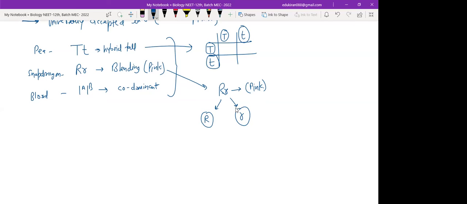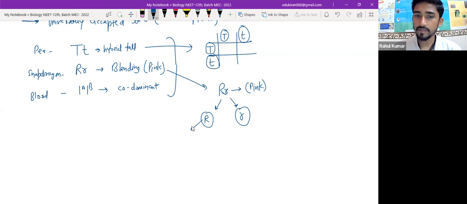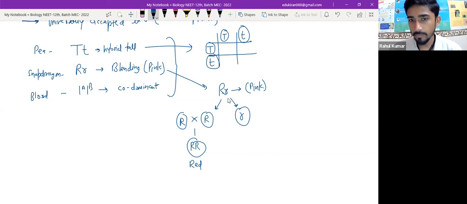But when it made two gametes, now if this gamete goes and fuses with another R, so there is a capital R, what will be the color again? Red. But this came from a pink flower, you understand? And later on can form red.